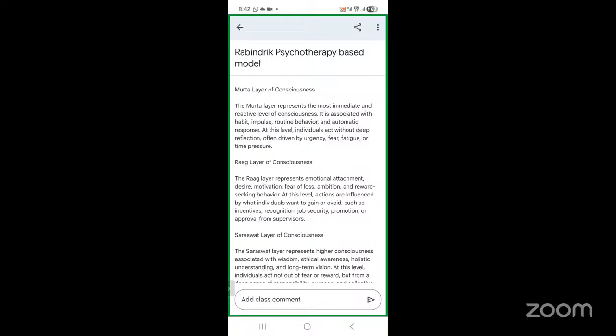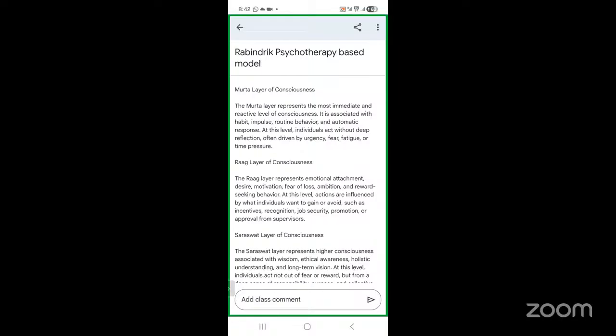The Murto layer represents the most immediate and reactive level of consciousness. It is associated with habit, impulse, routine behavior, and automatic response. At this level, individuals act without deep reflection, often driven by urgency, fear, fatigue, or time pressure.